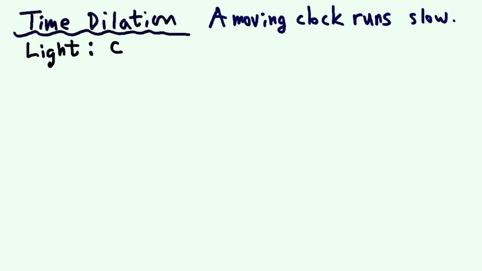So let's come up with a very simple scheme in which we can use light to measure time. So this is just a simple box here, and let's imagine that at the bottom of this box there is a laser pointer or something like that pointing upwards, and let's say that this laser pointer produces a beam of red light which goes up and then down.